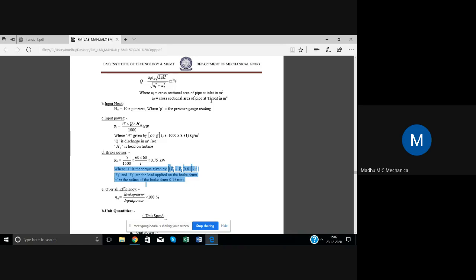HM is 10 into P. I think you have made a conversion mistake there. P is in which unit? Kg per centimeter square. How will you keep it? It is in meters of water column. Check it.